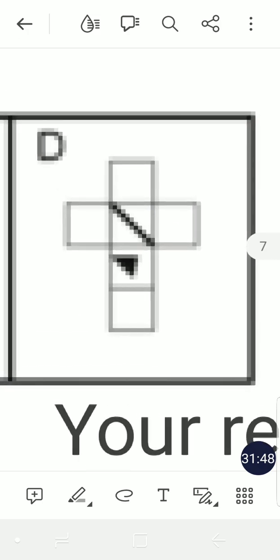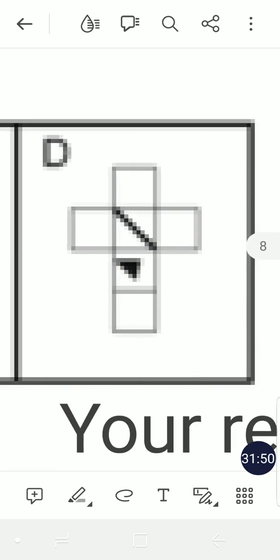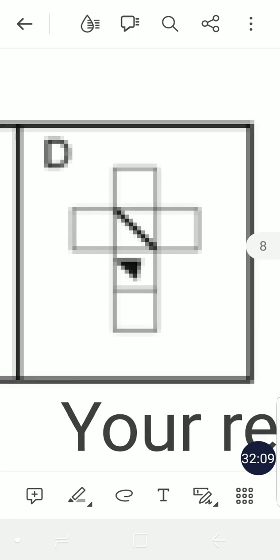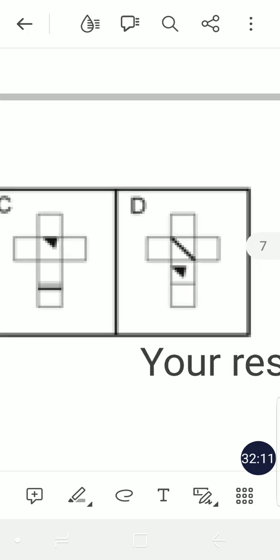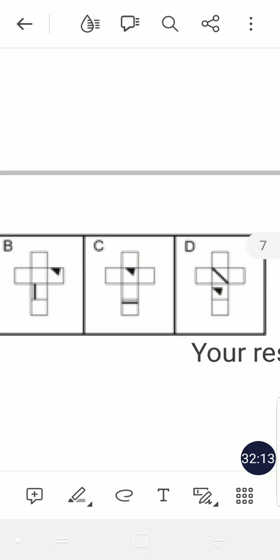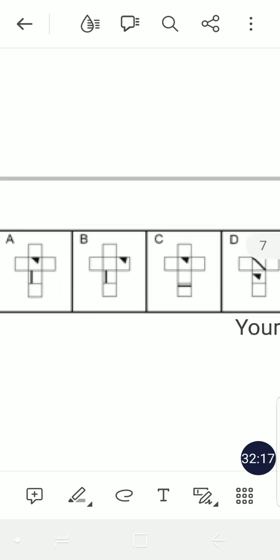D is eliminated as well, because it's so obvious. The line is on a cross, or on the diagonal, instead of being a straight line. This is a diagonal line, so D is eliminated. So B, C, D are all eliminated.